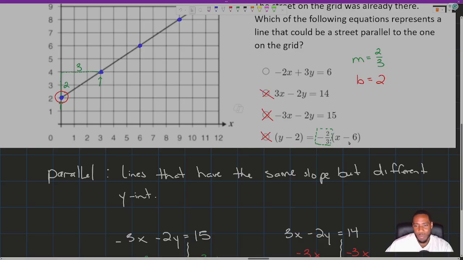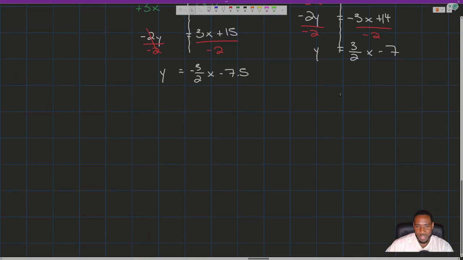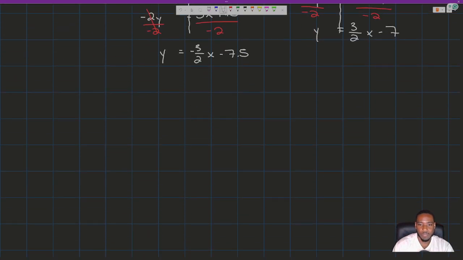But let's see why it works out that way. Negative 2x plus 3y equals 6. Okay, we're going to go ahead and get rid of that x term. In this case, we got to add it to both sides.